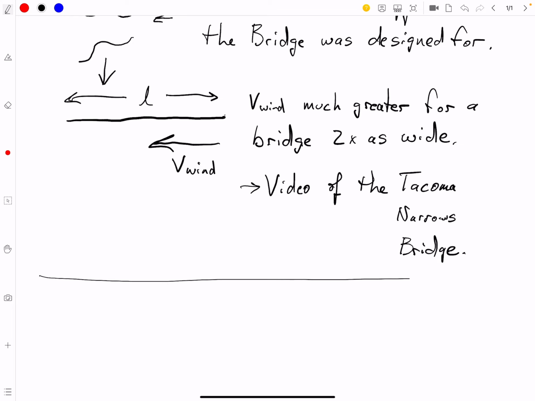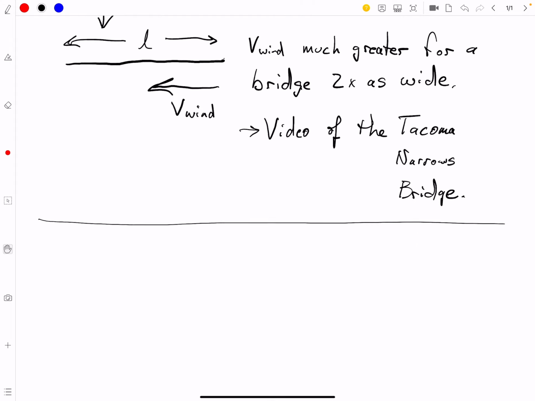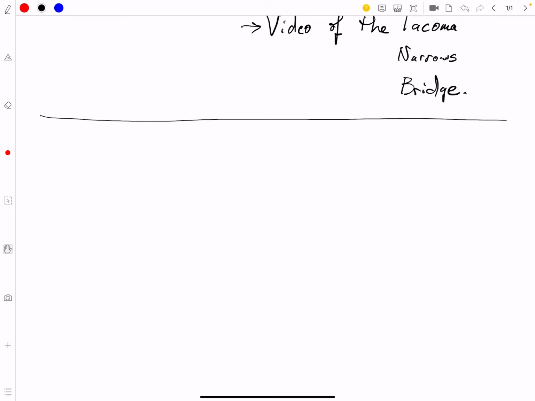Okay, so the next thing that we're going to talk about, and this kind of leads up to it, is waves. So this is section 16.9. So let's draw a wave.